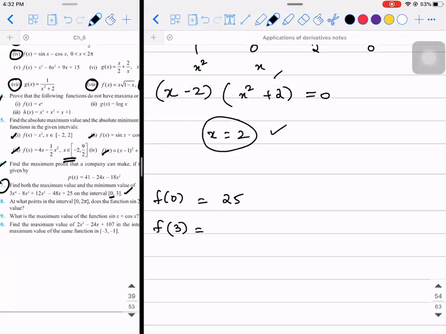So 3 into 81 minus 8 into 27 plus 12 into 9 minus 48 into 3 plus 25.